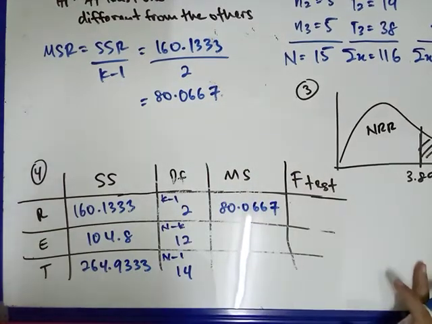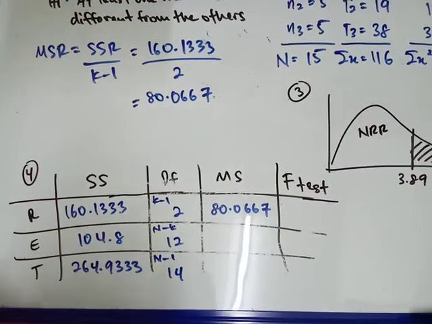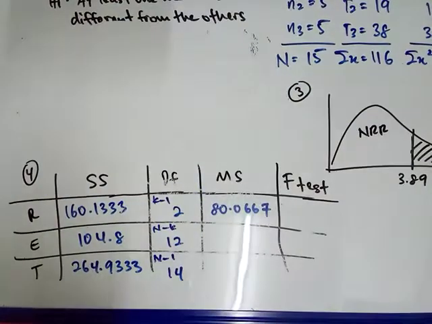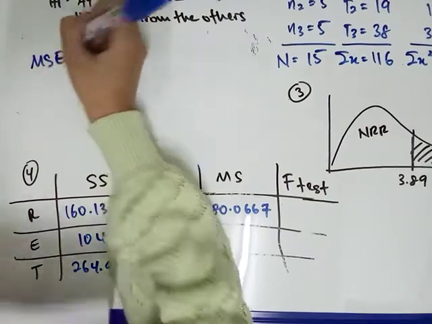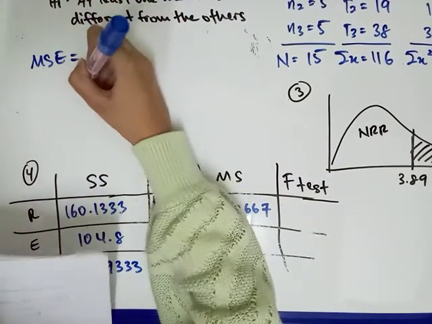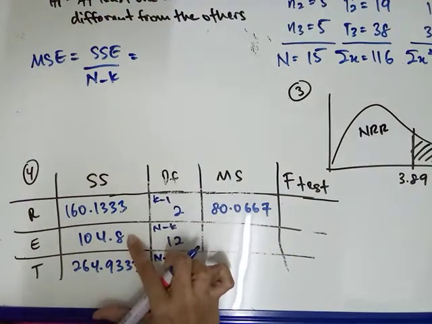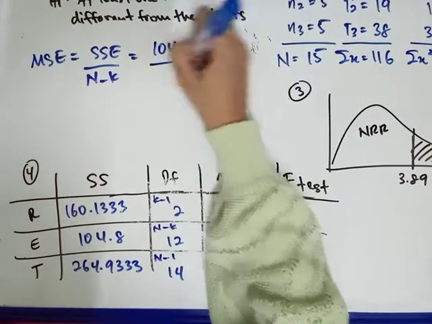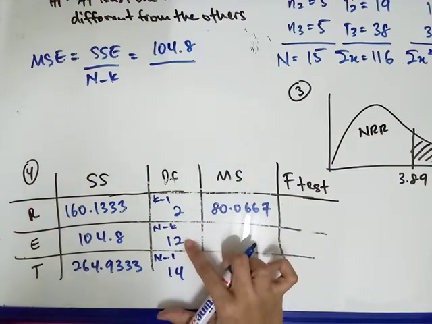80.0667. Okay, for MSE, mean square error, the formula is SSE divided by N minus K. So we know that SSE is 104.8, divide N minus K, which is 12.